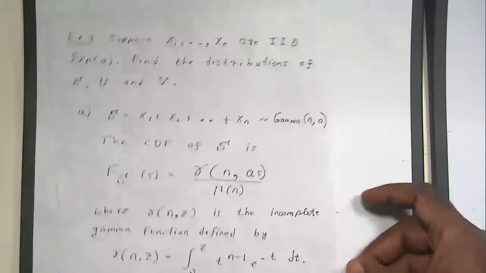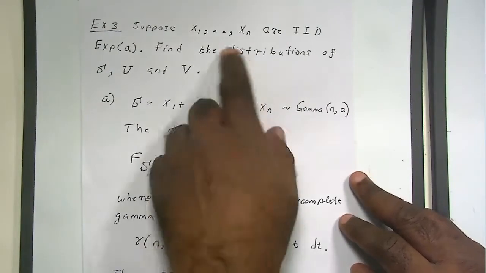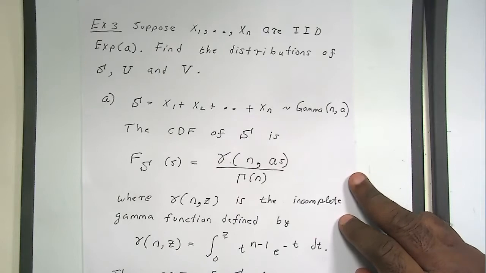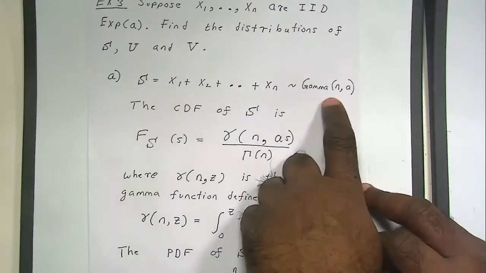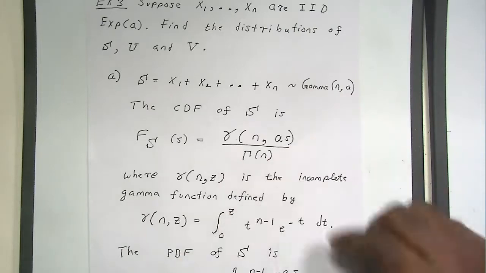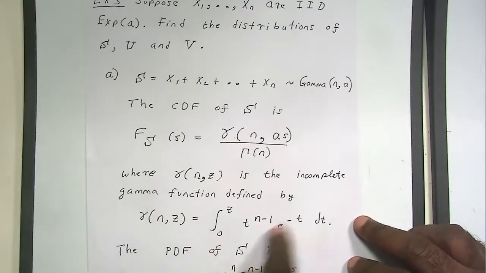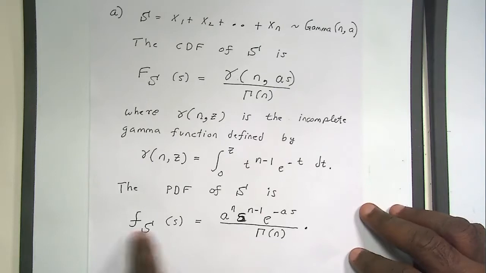Then I did example number 3. Here I assumed that the losses are IID exponential with parameter A. In this case, it can be shown that S has a gamma distribution with parameters n and A. The CDF is given by this, where this little gamma is known as the incomplete gamma function defined by this, and the PDF of S is given by this.